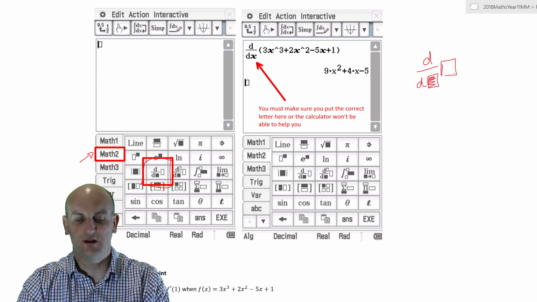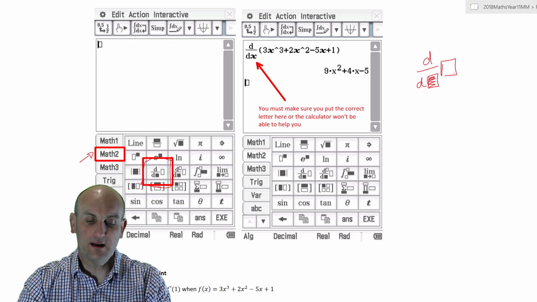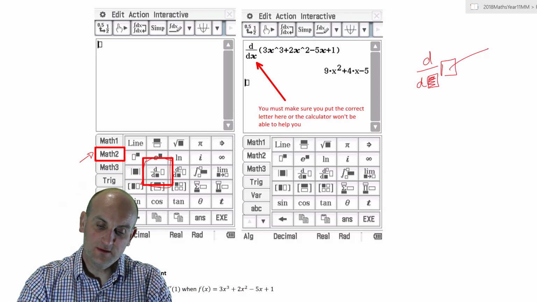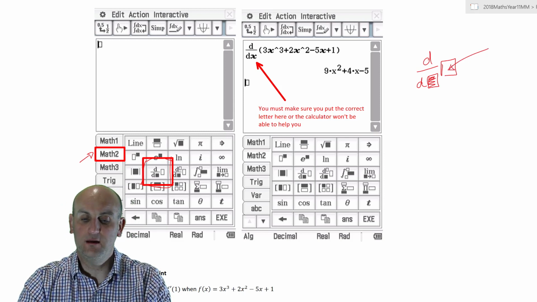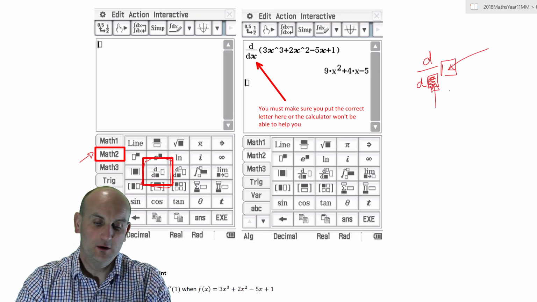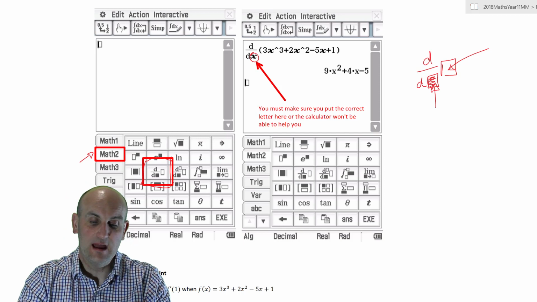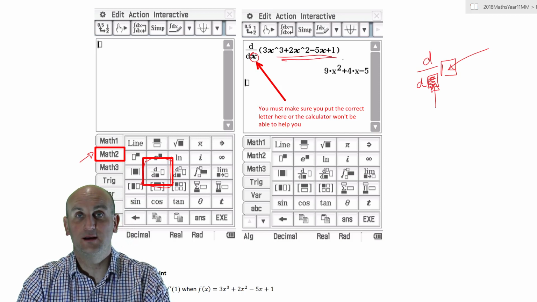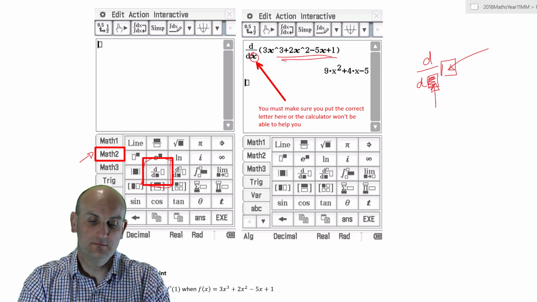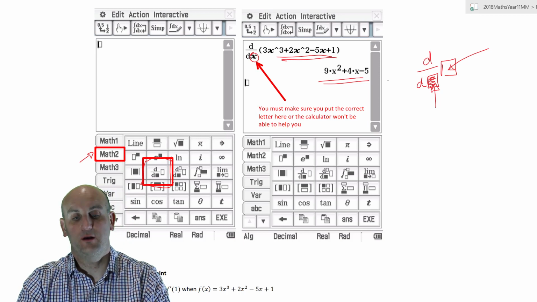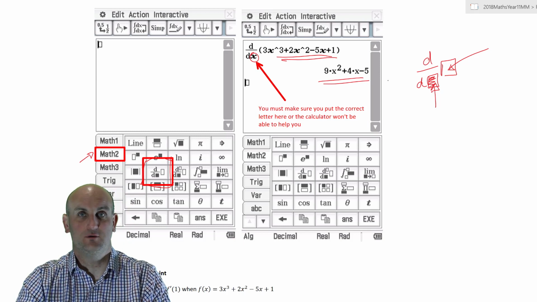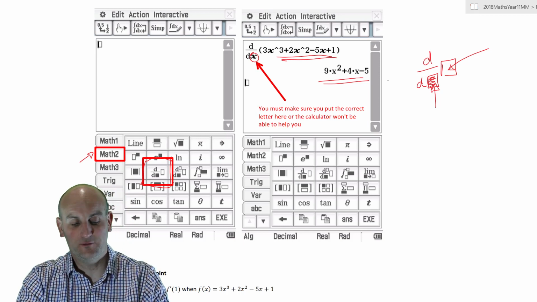Obviously, it just means we're going to fill in the values. When my calculator comes up, it will ask me to fill in this box here and this box here. You'll notice I'm putting x on the bottom because my equation is in terms of x, and then all I've done is type in my equation. When I hit enter, out comes my answer. Absolutely awesome. My calculator can do all of this for me.